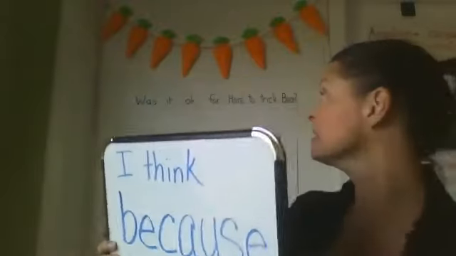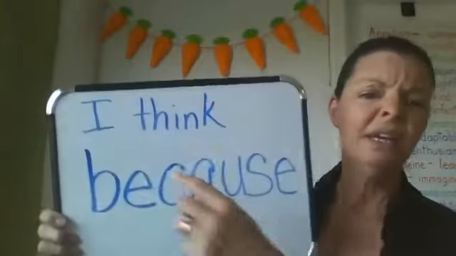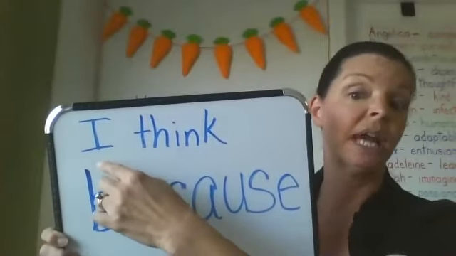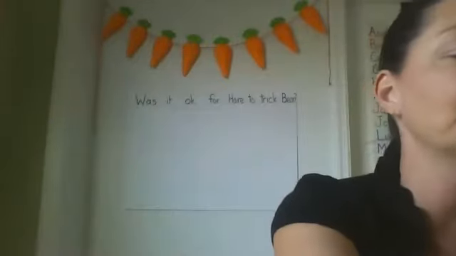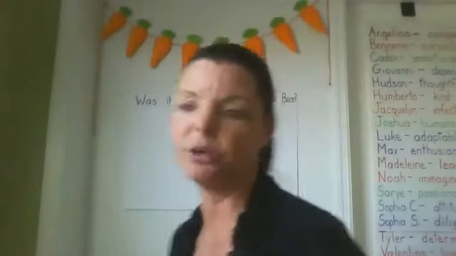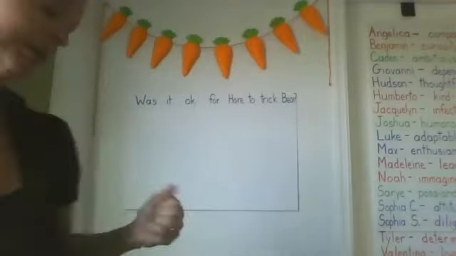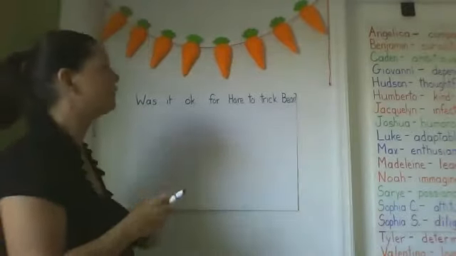And when they're asking us this question, was it okay for Hare to trick, I'd like you to start with the words, I think. I think. And I'm going to write an example up on the board. I'd like you to use your own ideas, but certainly I want to model this for you, and I want you to be able to see or get some ideas of what you could write. So was it okay for Hare to trick Bear?